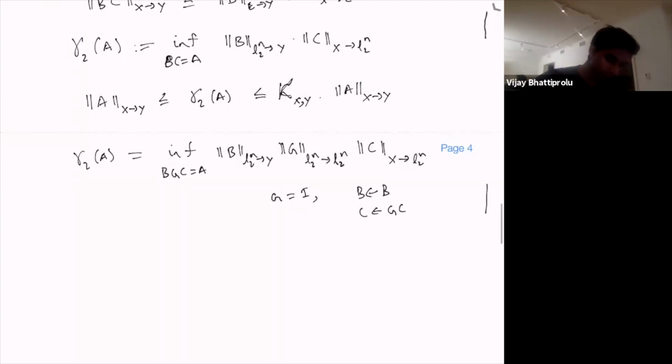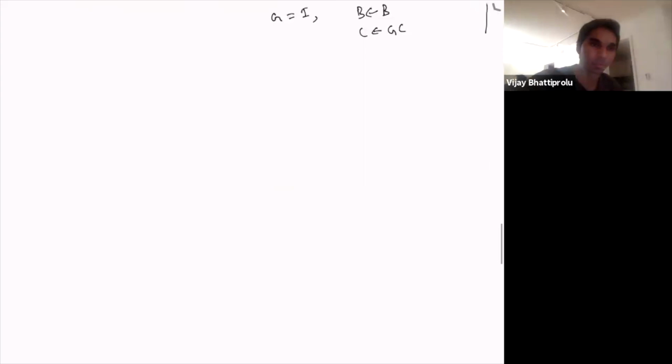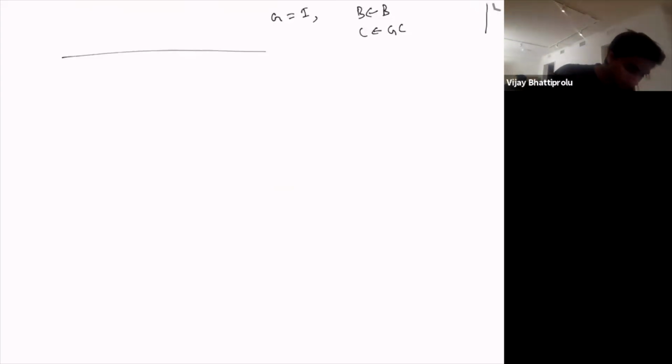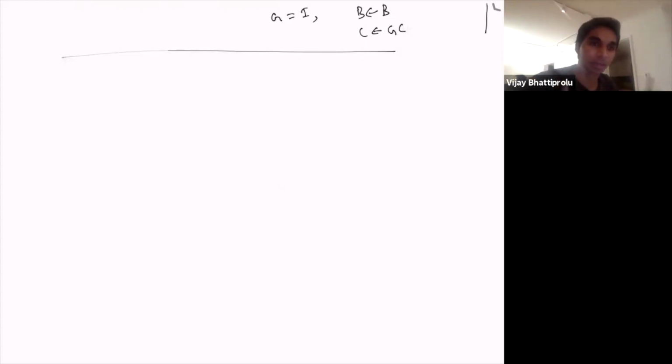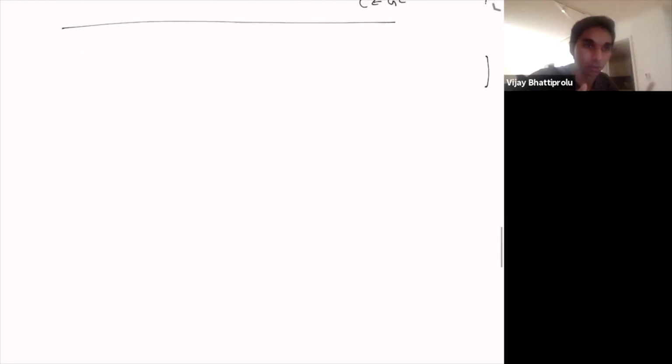Okay, so now let's state the factorization theorems that I'm interested in. Grothendieck proved a factorization theorem for L infinity. He proved that there's an absolute constant such that a certain factorization norm, that is even stronger than the gamma 2 I defined above, approximates the operator norm.